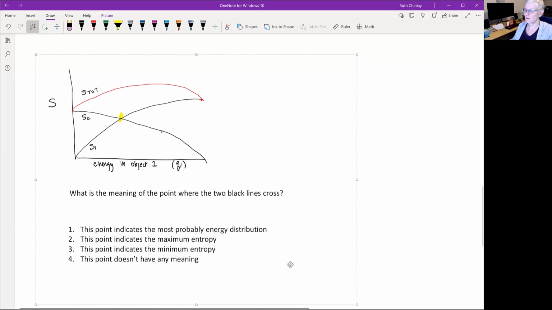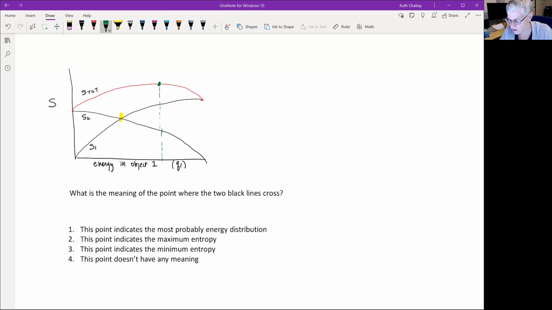But that can't be right. So let's look at this a little more carefully. We just got finished saying that the point where the entropy is a maximum corresponds to the situation with the most possible microstates.